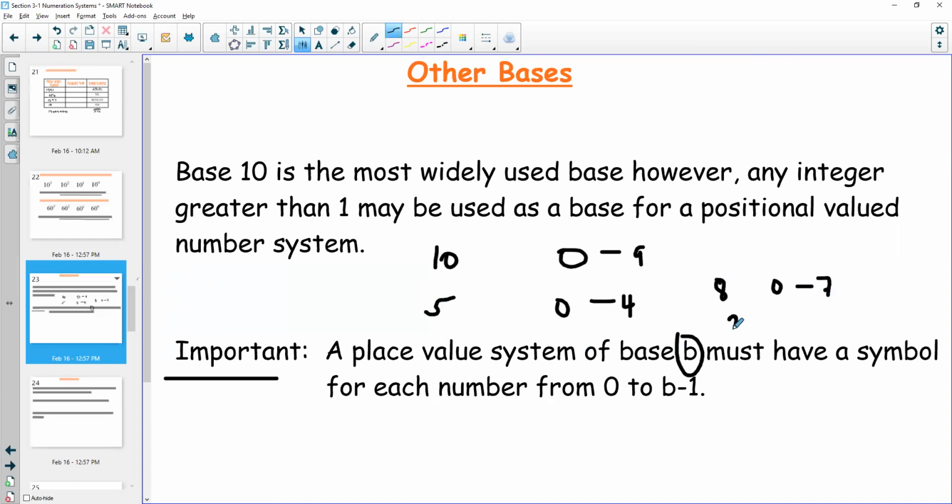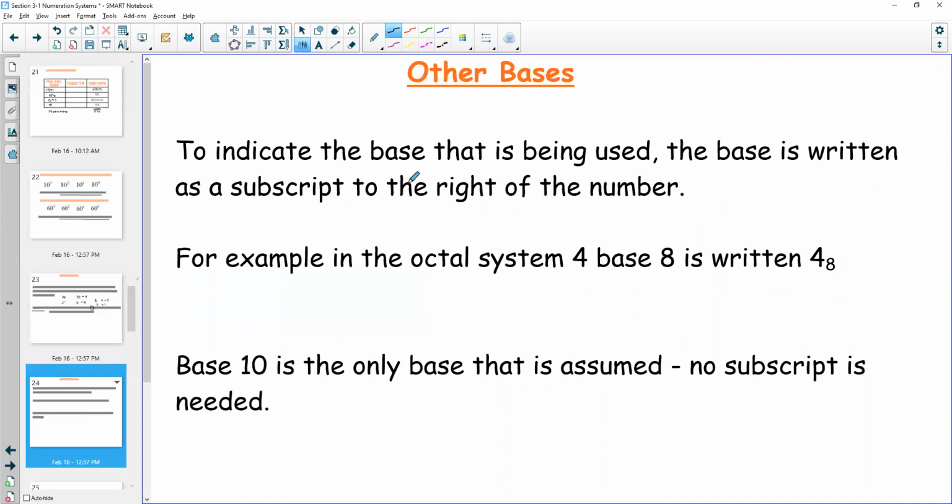In base 2, our digits are 0 and 1, one less than the value of the base. To indicate that a base is being used, you write it as a subscript. So if I want to write 4 in base 8, I write 4 subscript 8, 4 base 8. When there is no little number there, if I just write a plain old 4, we assume it's in base 10 because that's the numbers we use, okay?